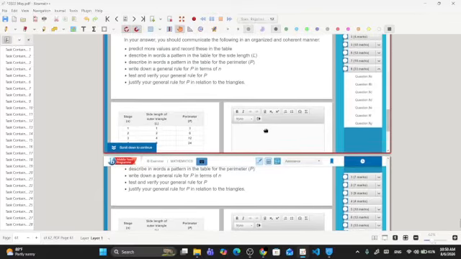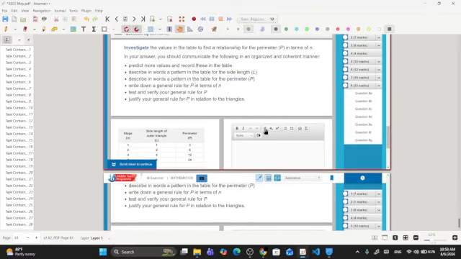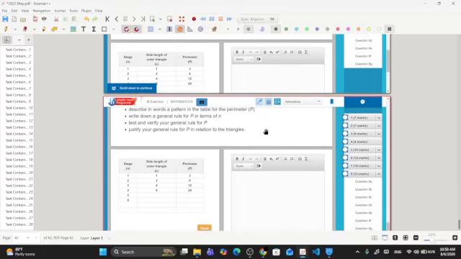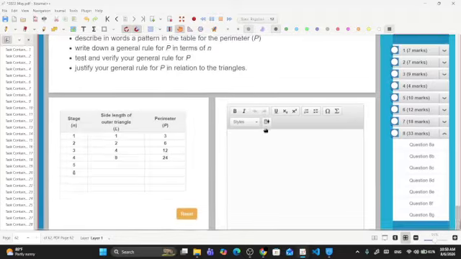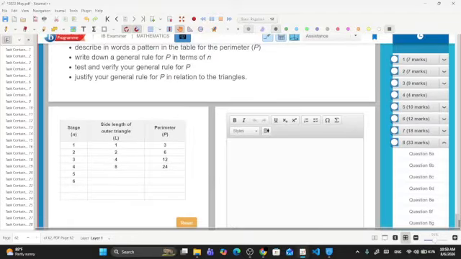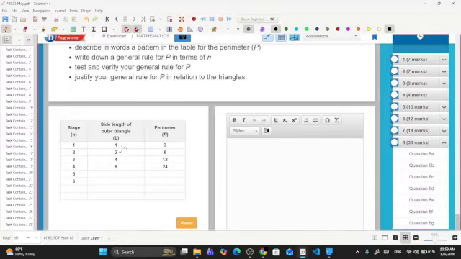First, let's predict the values and record these in the table. Let's complete the table first. Okay, so we can see that the side length of the outer triangle here is increasing by 1, here it's increasing by 2, here it's increasing by 4.